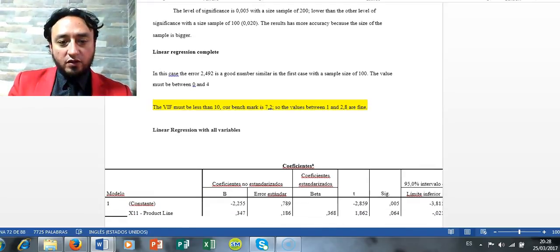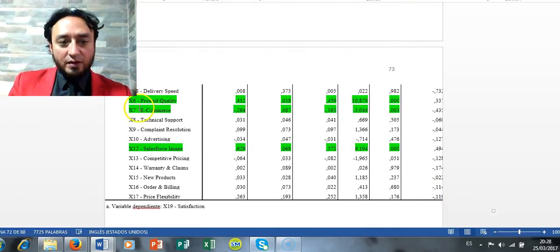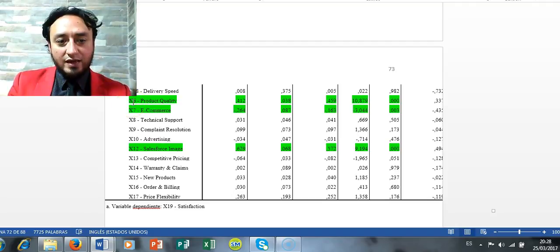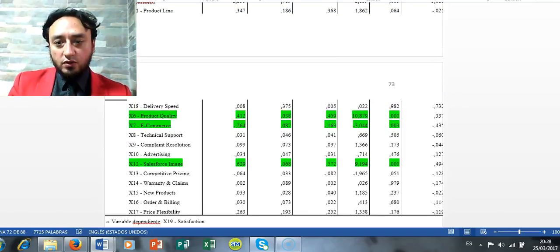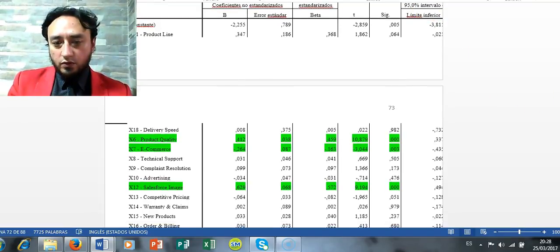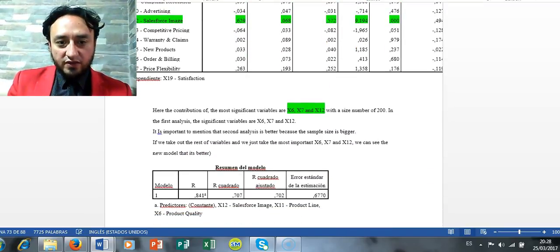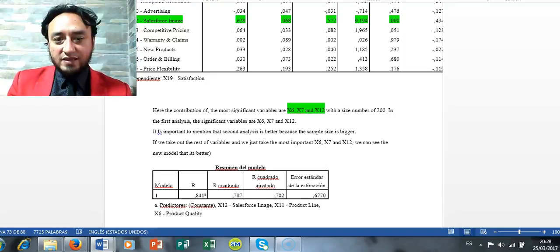Linear regression with all variables. Well, we did the analysis and the critical independent variables with incidence were x6, x7, and x12, with a significance level p-value less than 5%. Okay, we can go on. Here the contribution of the most significant variables are x6, x7, and x12 with a sample size of 200.